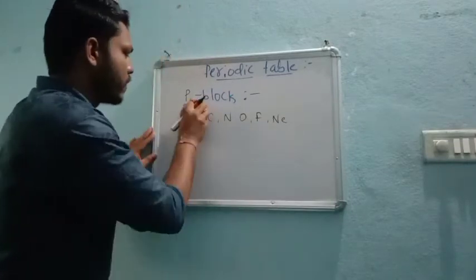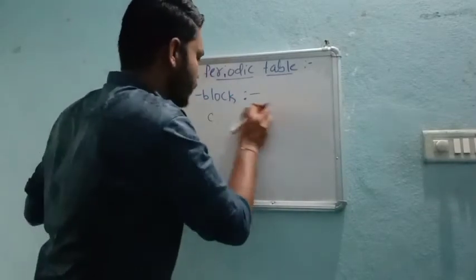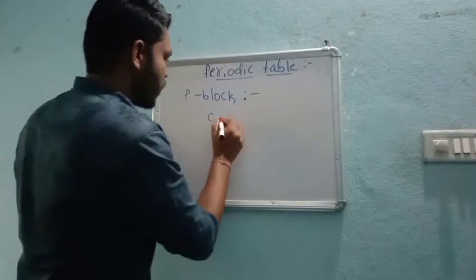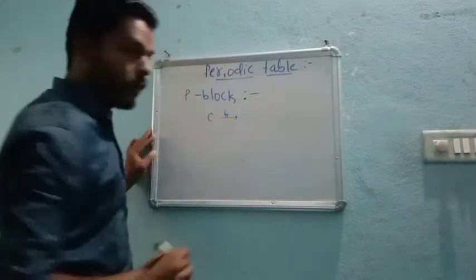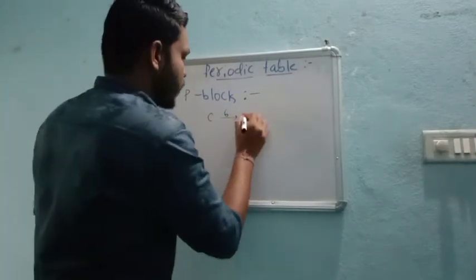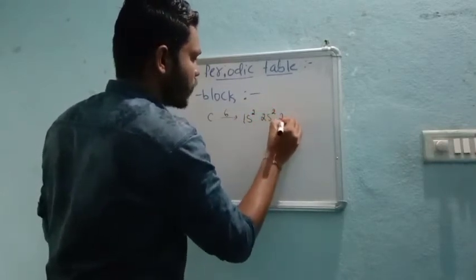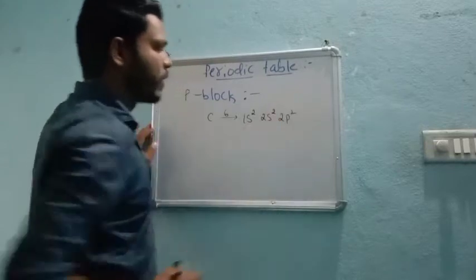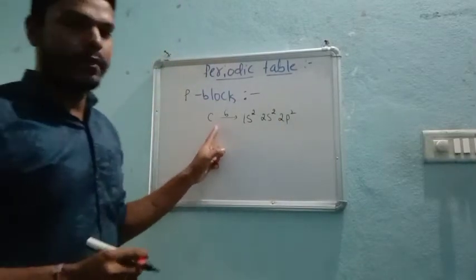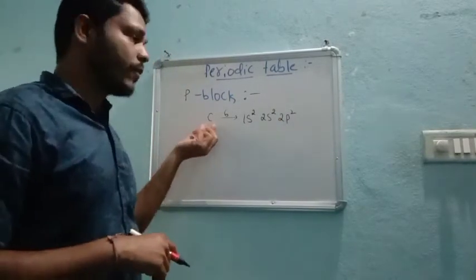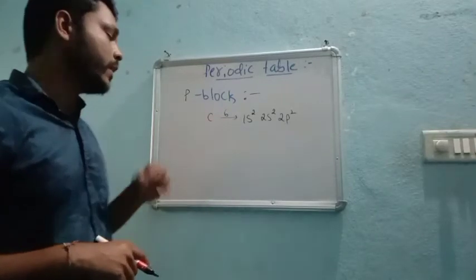Take one example, carbon, whose atomic number is 6, as we already know. The electronic configuration is 1s2, 2s2, 2p2. I am writing directly because we already saw the electronic configuration of carbon in the last video.